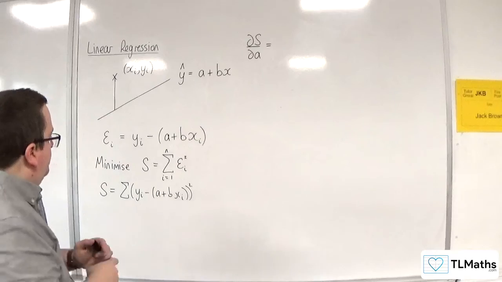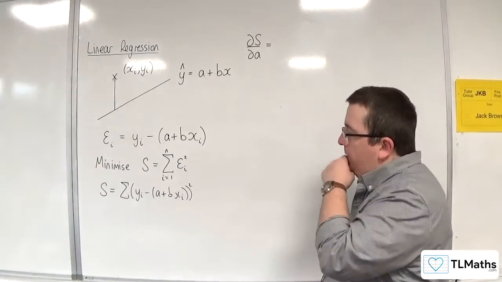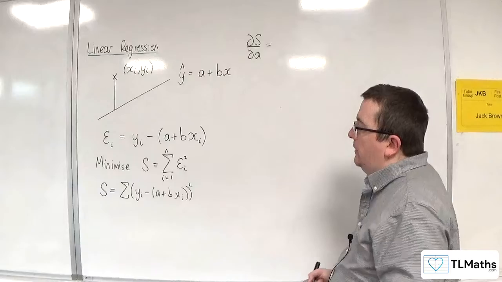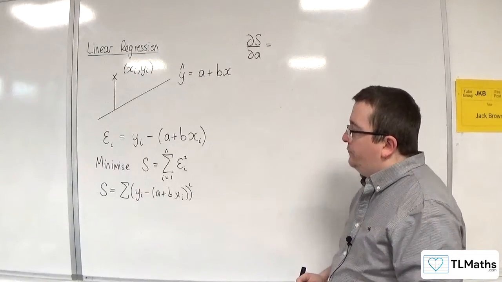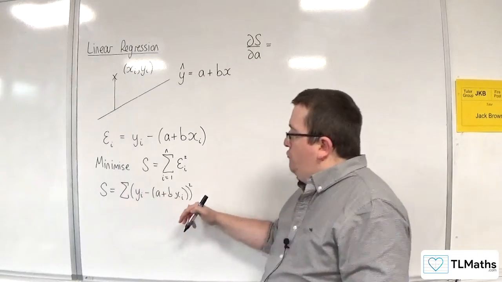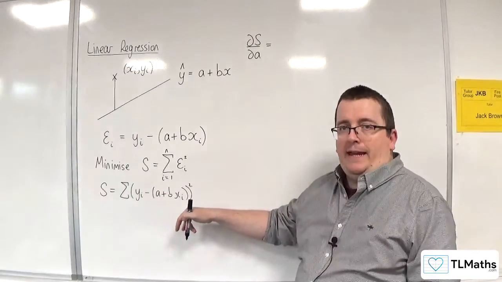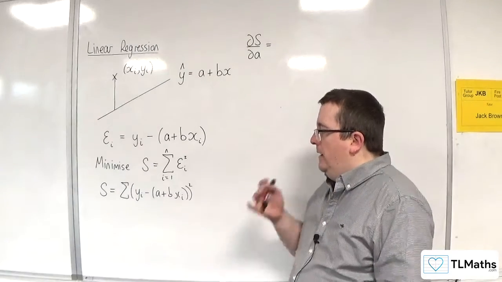Okay, but it's a little bit of an extension there for you to see what's going on behind the scenes of some degree level mathematics. So I want to differentiate this with respect to A. Now don't worry about that summation symbol, okay?